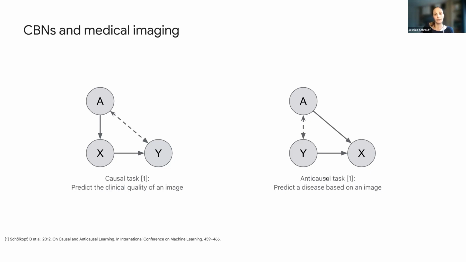In this specific talk, we're going to focus more on the anti-causal task. Some of the works also mention the causal task, so feel free to have a look. So we predict a disease based on an image. Whether this graph is actually true in a lot of these cases remains an open question, really, but this is going to be our assumption.